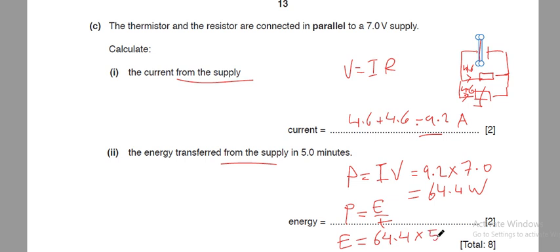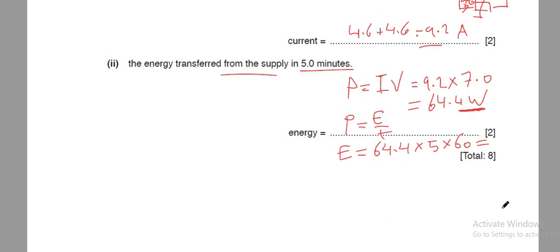Time here is 5, but this is 5 minutes, so we should convert it to seconds because this is in watt. The answer will be 19,000 joule.